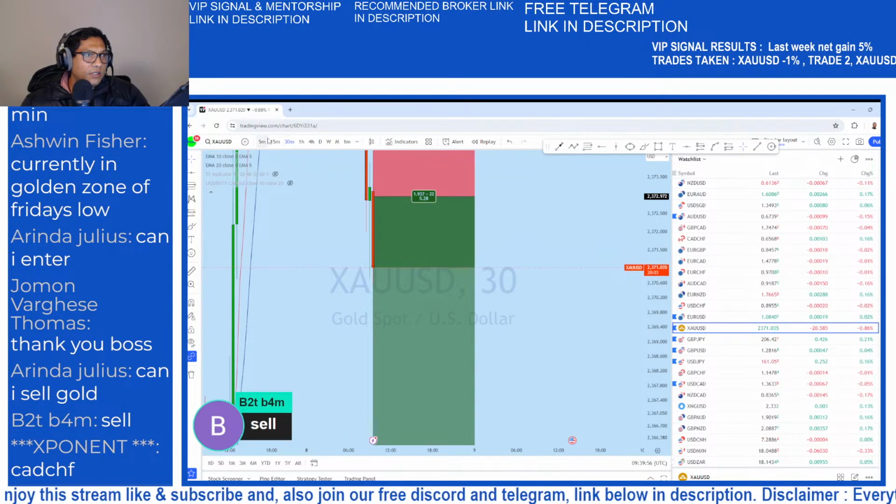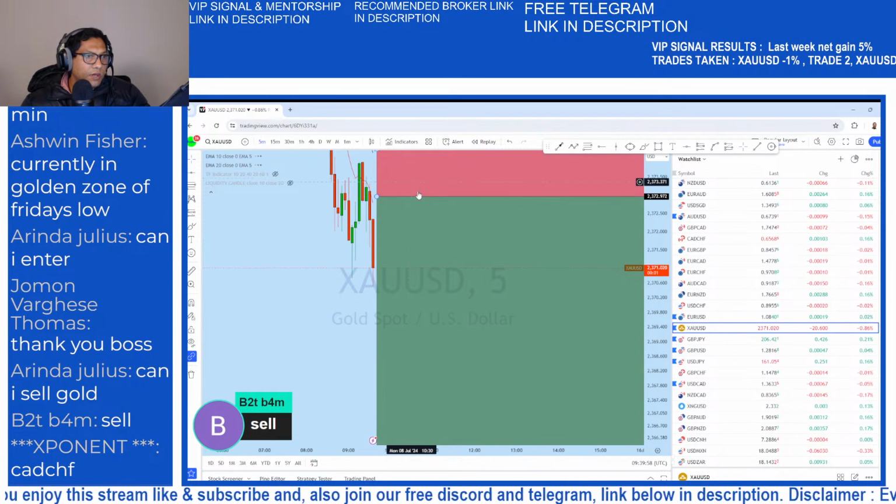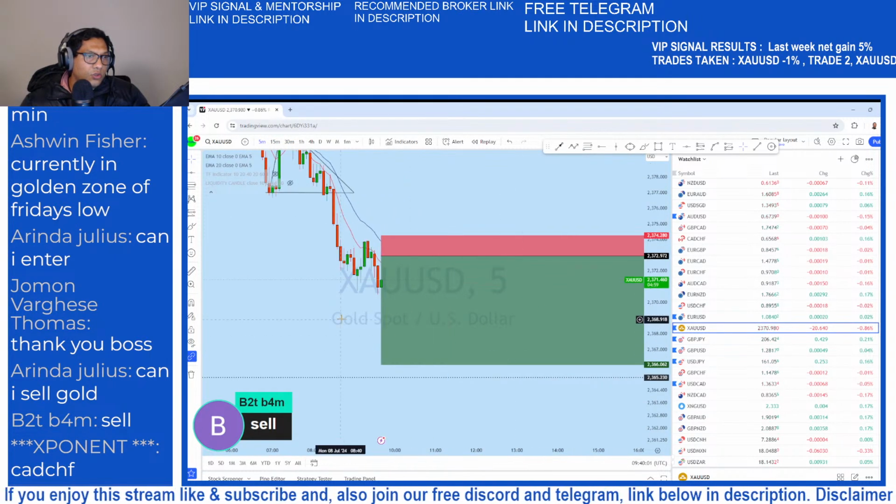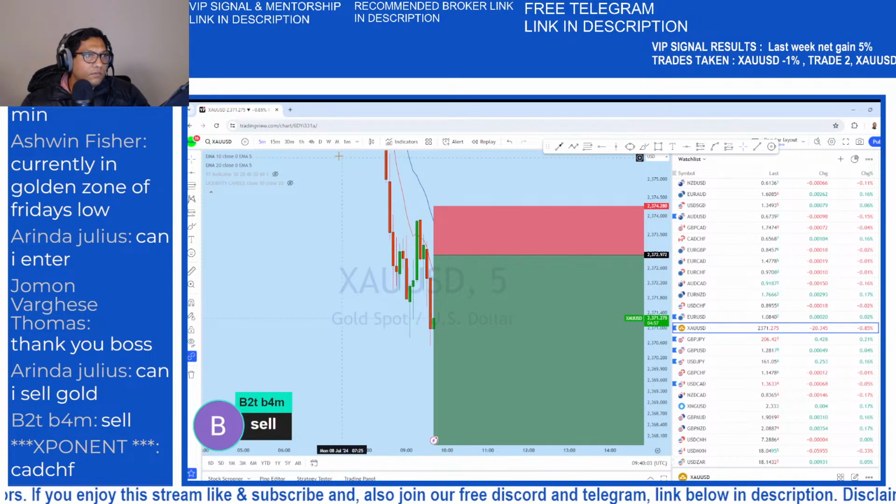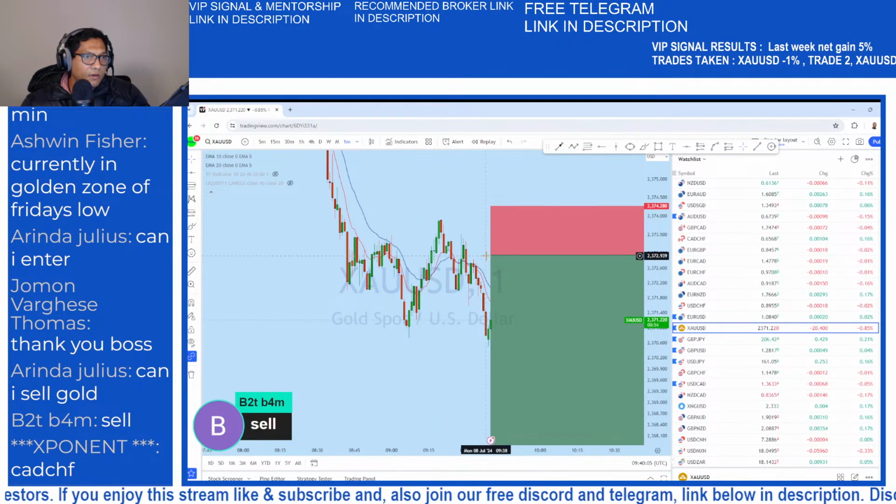All right, so here is 15 minutes. The important bearish price action. Want to see that trending. Want to see the jumping.